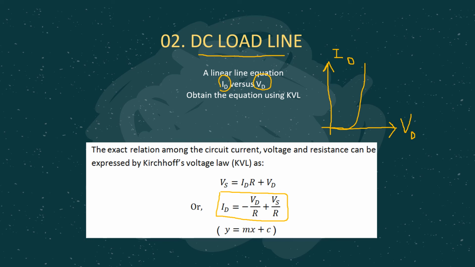So ID becomes the y-axis, and VD is the x-axis. Then we have M, which is -1/R, as well as the C, which is Vs/R. So from this linear line equation, we are supposed to get a straight line here, with a value of C equals Vs/R.